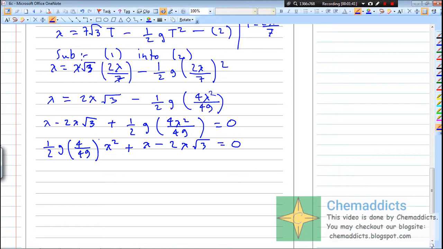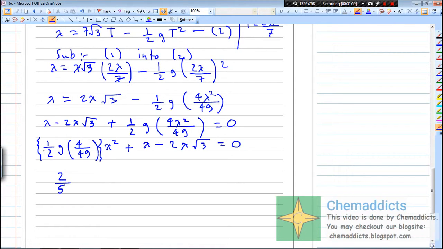Now let us simplify this part. If we calculate this part, we're going to have 2 by 5.